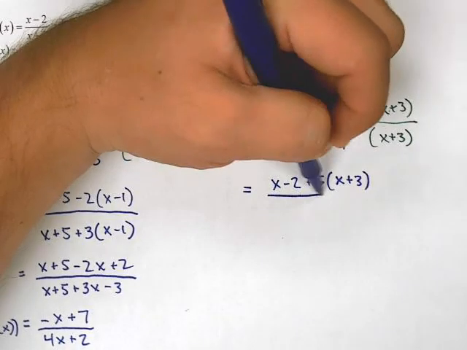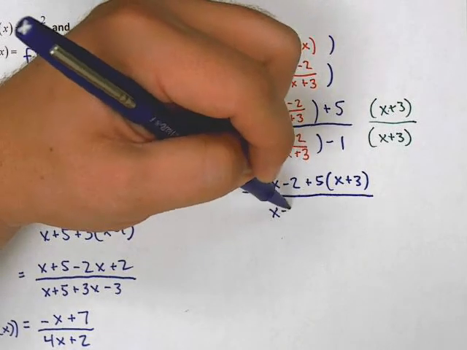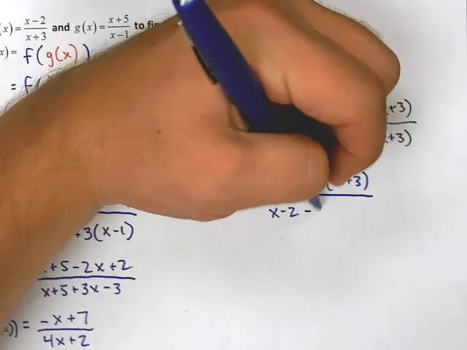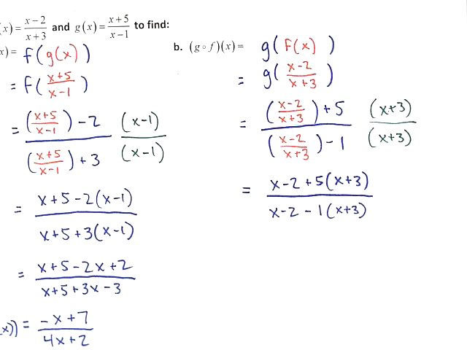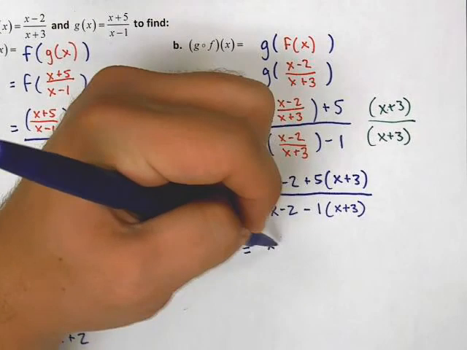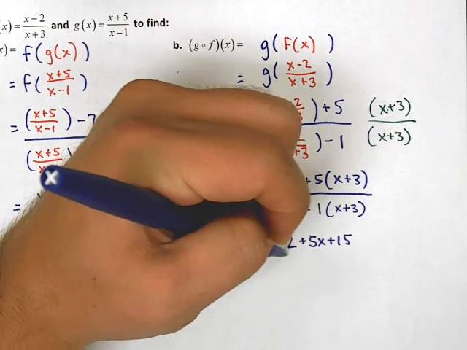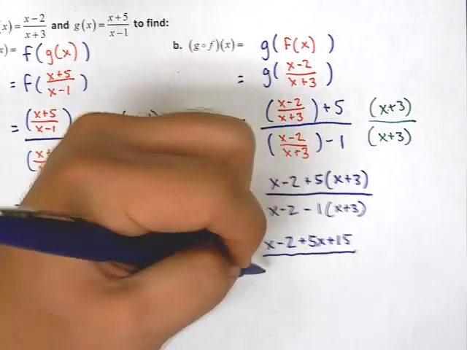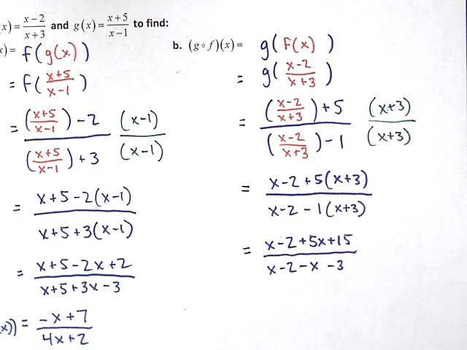And then in the denominator, again, these will cancel, so we'll have x minus 2 minus 1 times the quantity x plus 3.